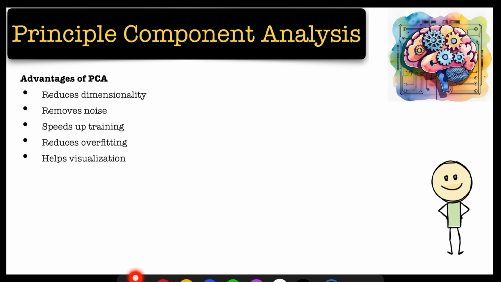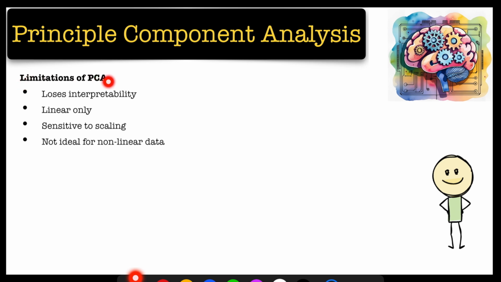Next, see a few advantages of PCA. It reduces dimensionality. It removes noise from the data. It speeds up training, reduces overfitting, and helps in visualization, of course. A few limitations of PCA: it loses interpretability. So let's say we have 8 or 10 dimensional data and we are converting it into 2-dimensional data, right?